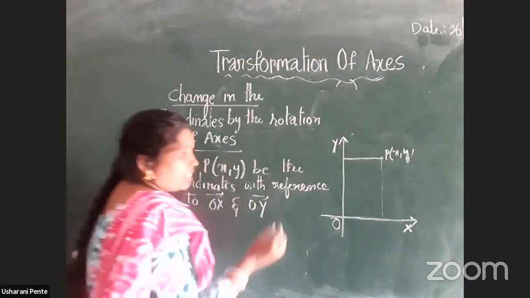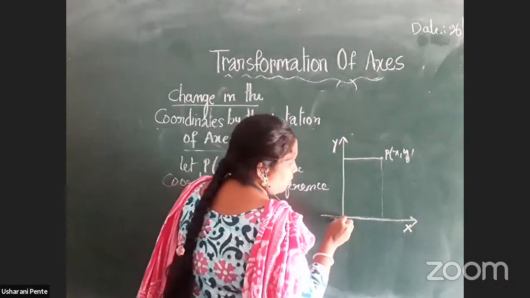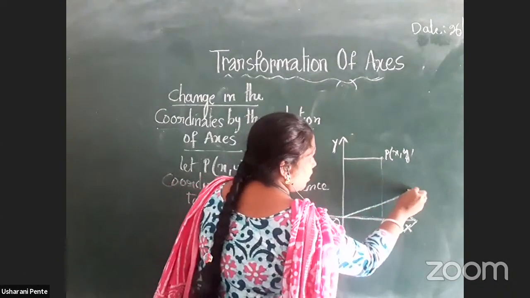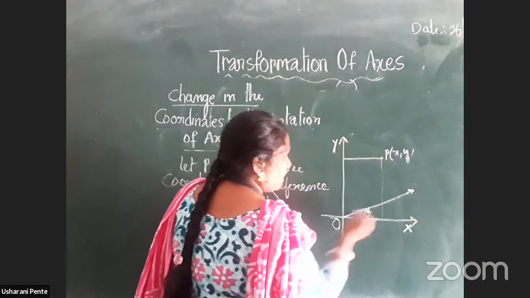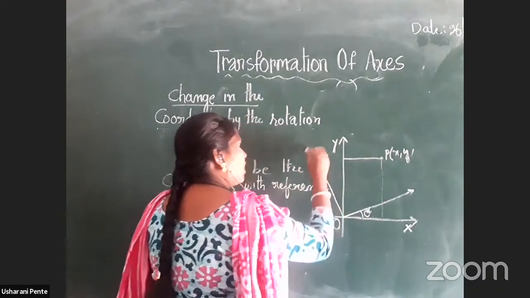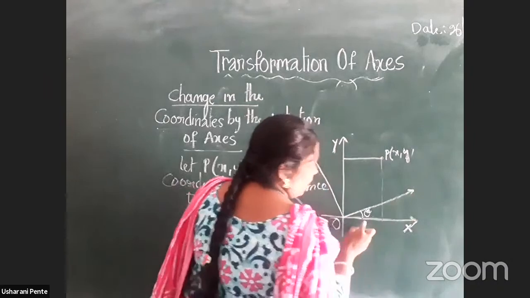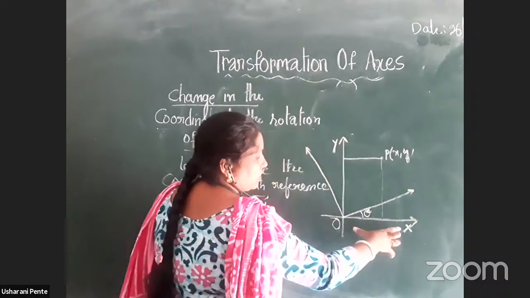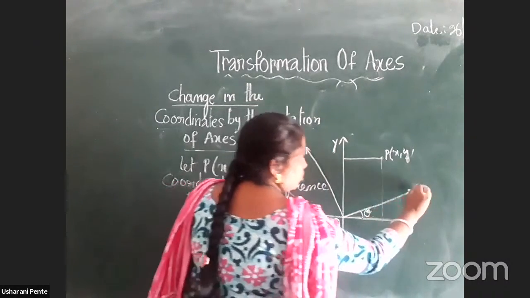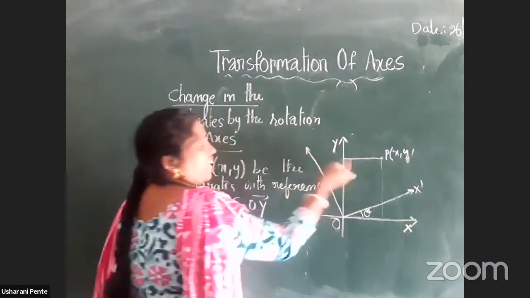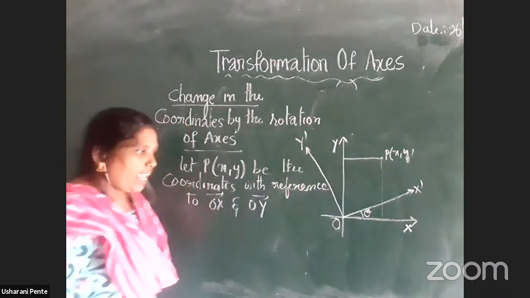Now we are rotating the axes through an angle theta. That is, the x-axis is changed to x dash, and the y-axis is changed to y dash.